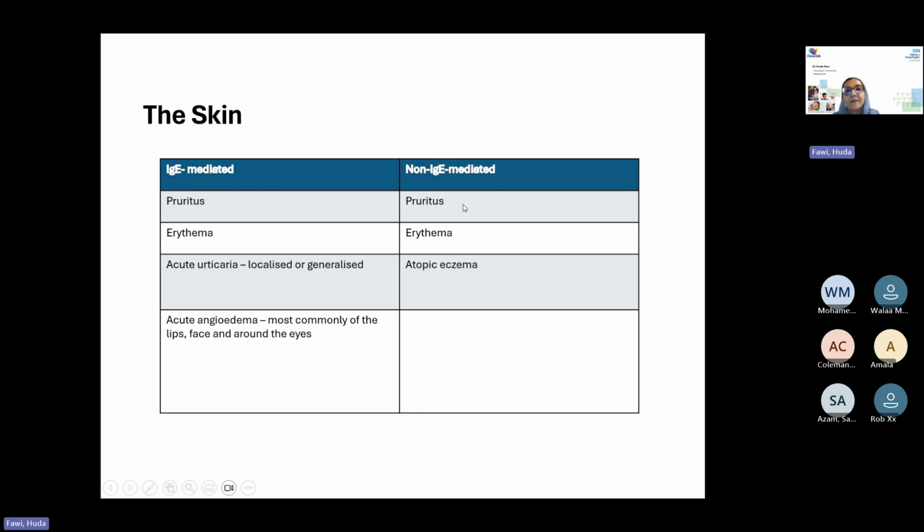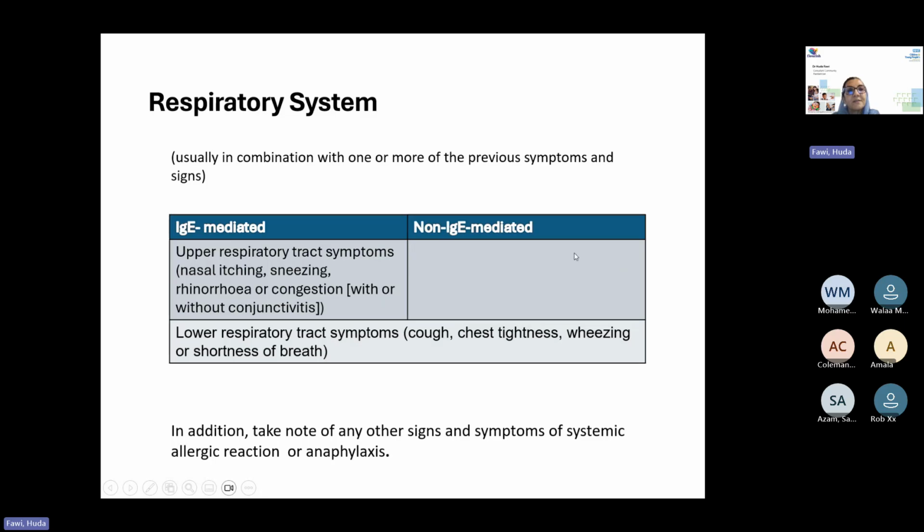Non-IgE, that's again confusing, but atopic eczema can be non-IgE-mediated. Respiratory symptoms, nasal itching, sneezing, rhinorrhea, congestion, that's usually IgE. And then you've got a mixture between IgE and non-IgE in the lower respiratory tract.